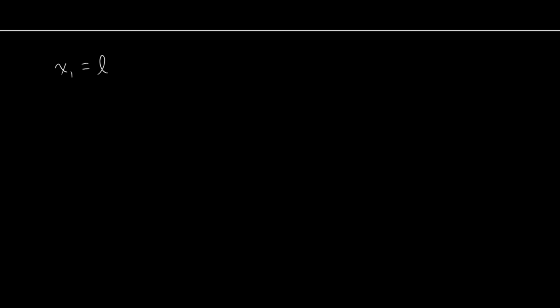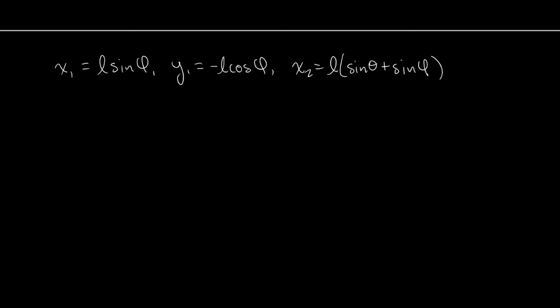So I do x1 is L sine phi, y1 is minus L cosine phi, x2 is L times sine theta plus sine phi, and y2 is minus L times cosine theta plus cosine phi. So these are my new coordinates.